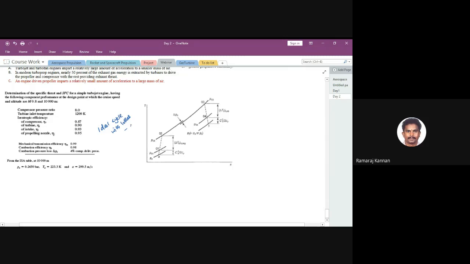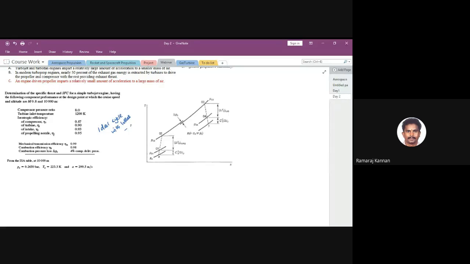So keep in mind that if you understand this problem properly, then you can solve anything related to your turbojet.